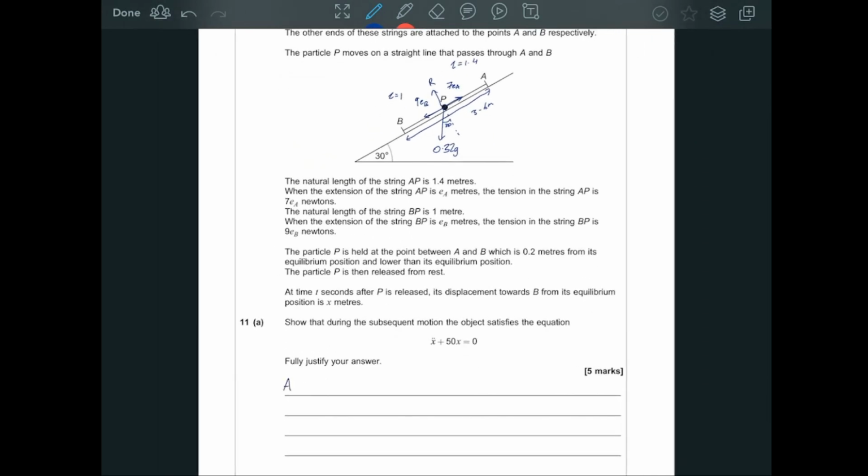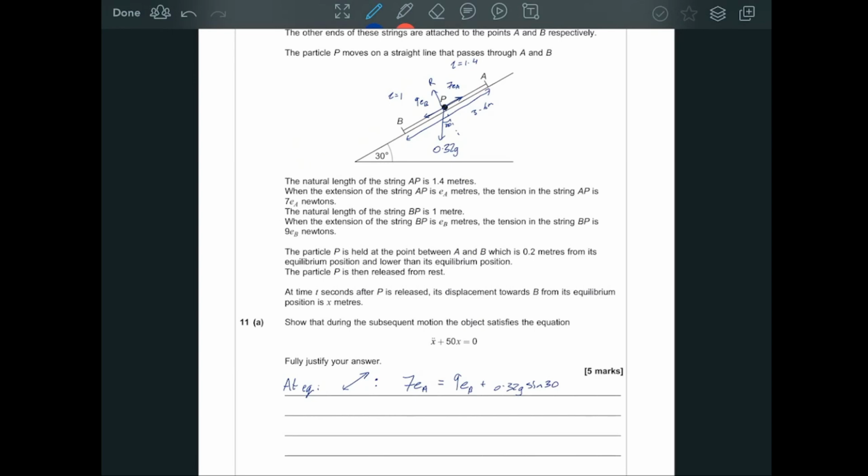So at equilibrium, if I take forces along the line of greatest slope, upwards is 7EA, and that equals 9EB plus 0.32G sine 30. And conveniently, sine 30 is a half.